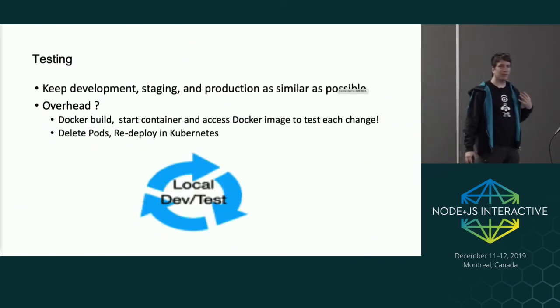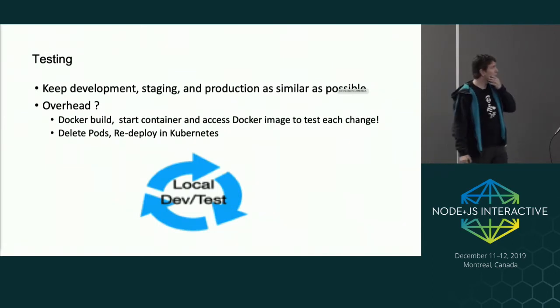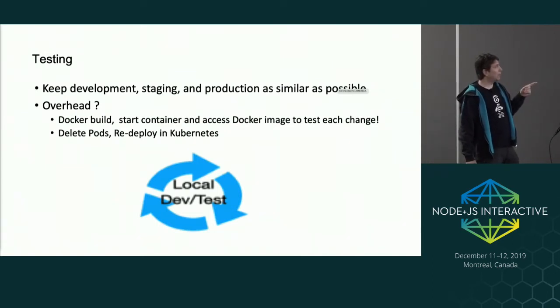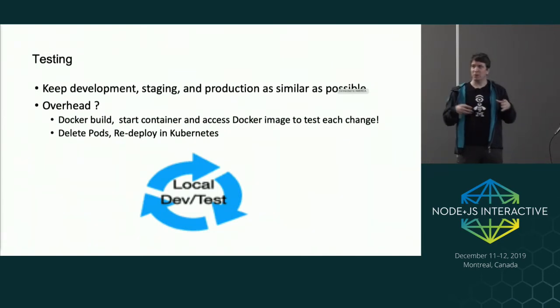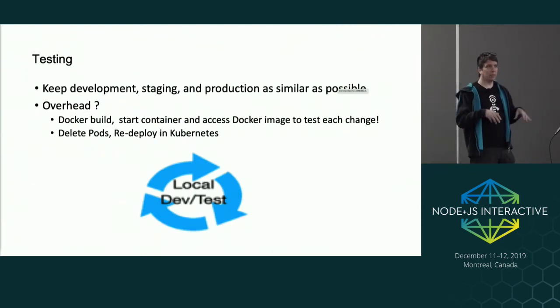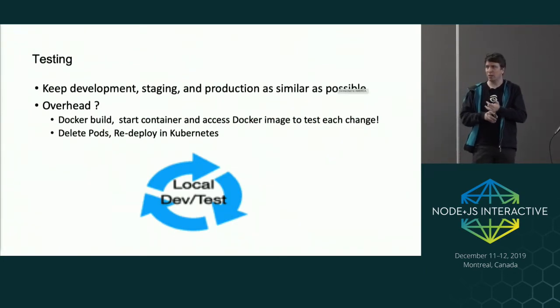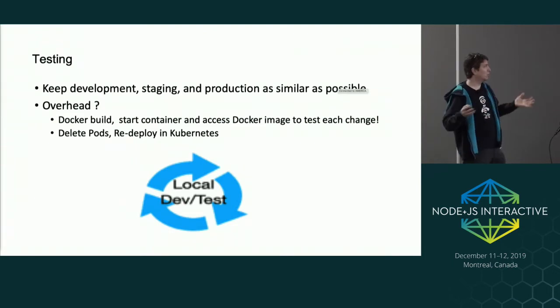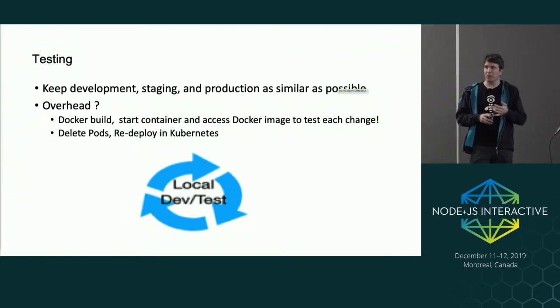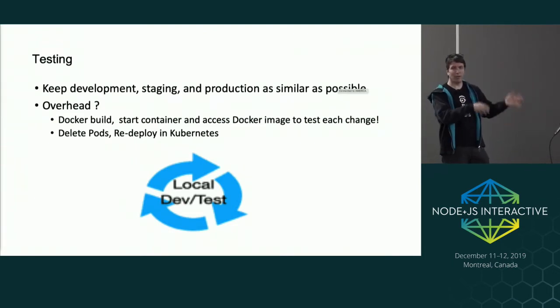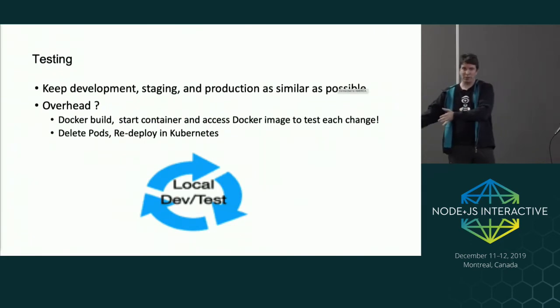So at this point, let's step back and think about testing. Based on the 12 factors, we want to keep our development, staging, and production as close as possible. In particular, if we're developing on Mac OS or Windows, which a lot of our workstations are, but we're going to deploy on Docker, which is basically Linux, it's important not to test in Windows or OS X and then deploy directly to Linux.